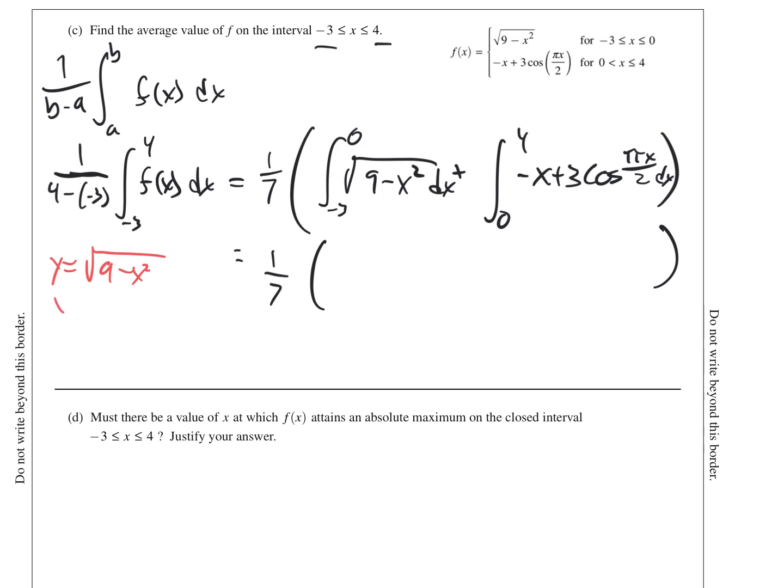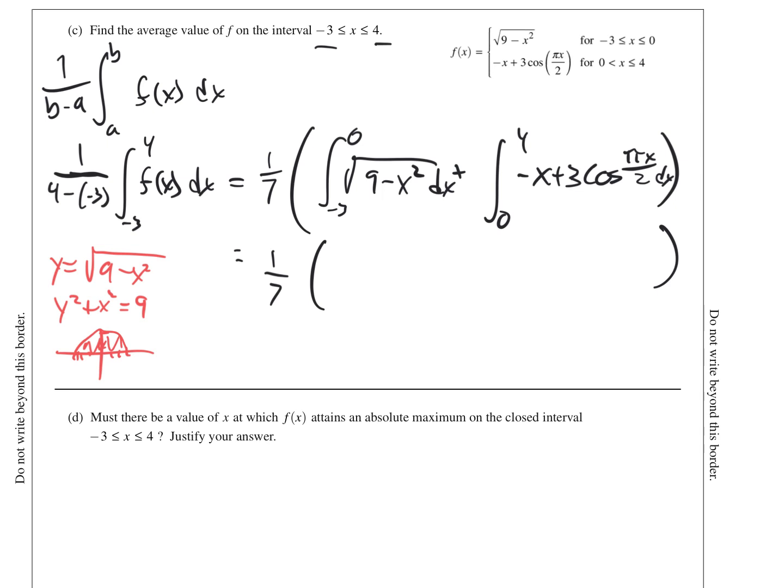And if we square it, this is y squared plus x squared equals 9. If you clean it up, that is a circle centered at 0 with a radius of the square root of 9. The square root of 9 is 3. Okay, and so we have 1, 2, 3, a semicircle there.